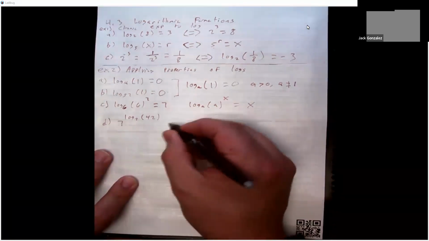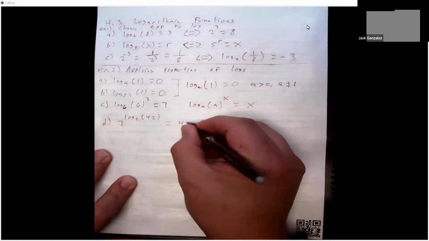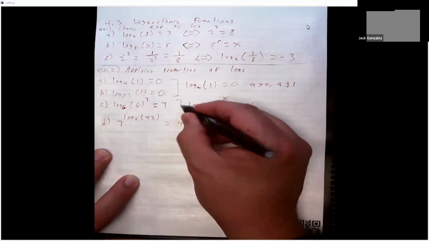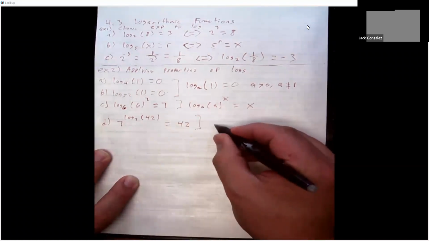It's so bad. It's 7 to the log 7. So this is the opposite direction. So if they match like this, it's going to be the same situation as C. That rule was this one here: A raised to the log A of X is equal to X. Some of these as well.